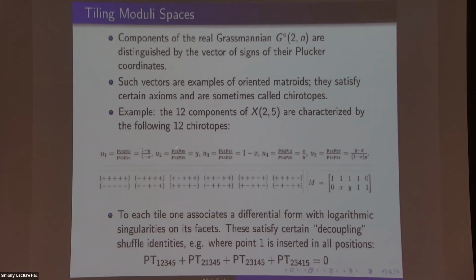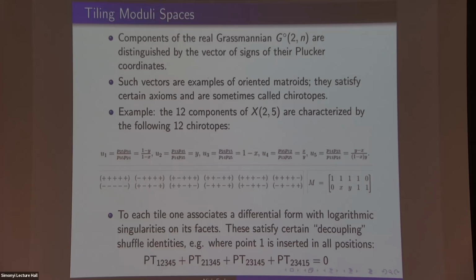Apologies for the notation. U1 here is P24, this is U24, U35, and so on. But the important point is that the sign patterns are all the admissible 12 guys, and you can choose a chart and realize them. These are exactly the realizable sign patterns, the 12 rank 2 oriented matroids on 5 elements, modulo torus scaling, modulo reorientation, it's called.